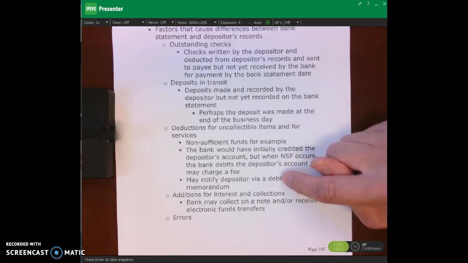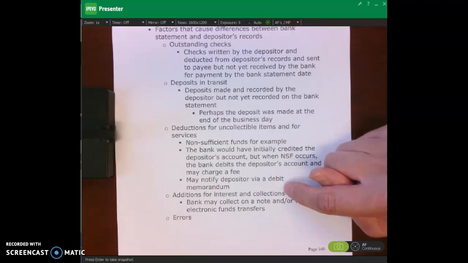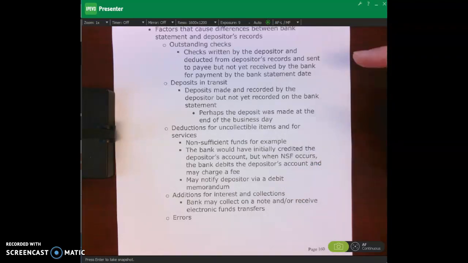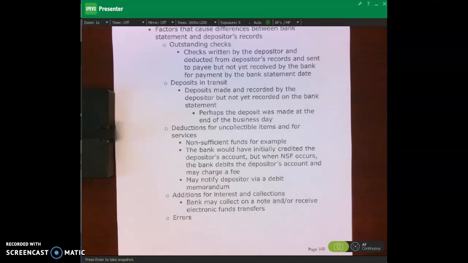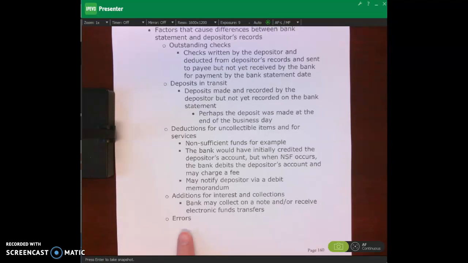Then it's also going to send us a debit memorandum. We can also have some additions for interest and other collections. So the bank may collect on a note or receive electronic funds transfers. We can also have some errors that would explain some differences between the bank statement and the depositor's records.